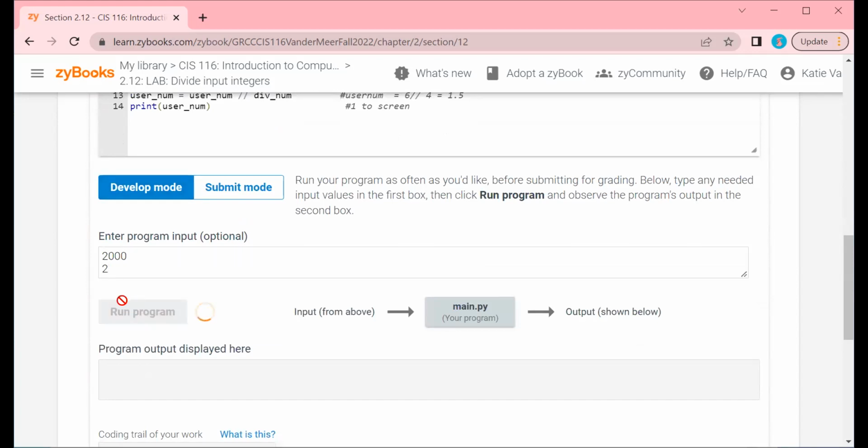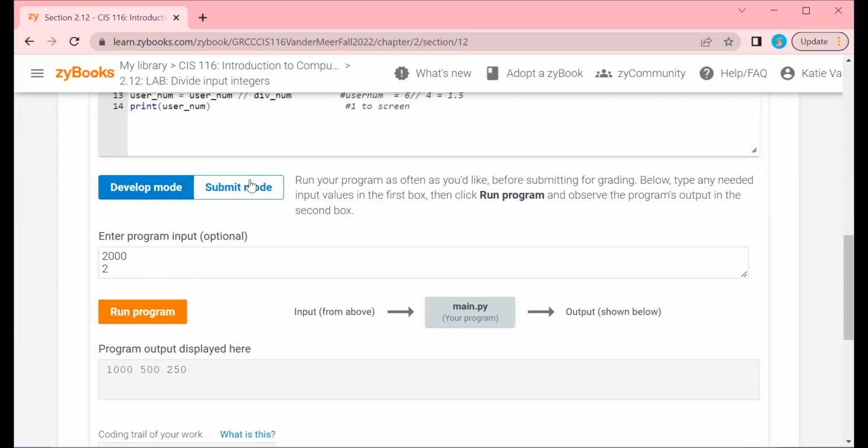So in the beginning of Zybooks, yes, they did sometimes supply input for you, but that's because we hadn't explained input yet. I think from about here on out, there'll always be an input box when you're in develop mode.